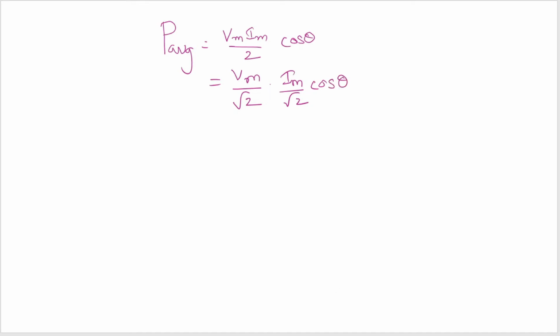Vm by root 2 is the VRMS of the sine wave, and Im by root 2 is the RMS value of the current wave, IRMS. So if you know VRMS, IRMS and cos theta, you can find P average. P average is equal to VRMS into IRMS into cos theta. Is it clear up to now?